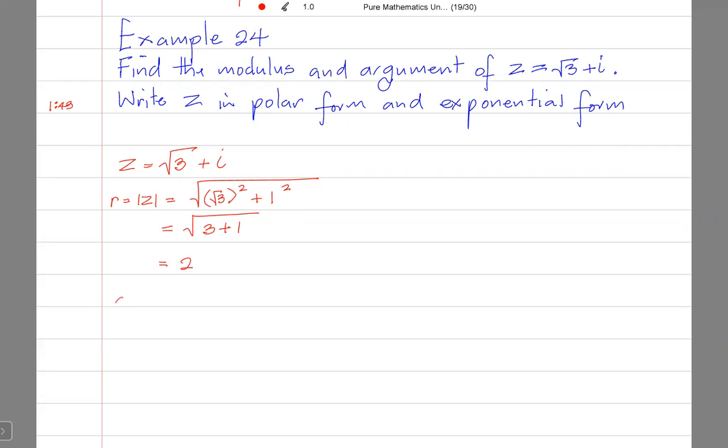The argument of z, this is root 3. The coordinate here is root 3, 1, which, once both are positive, is still the first quadrant. So this is tan inverse of imaginary, which is 1 over root 3. Let us see which angle this is. 1 over root 3, that's the tan of 30 degrees.